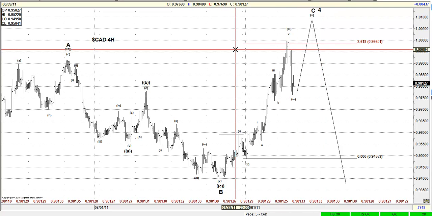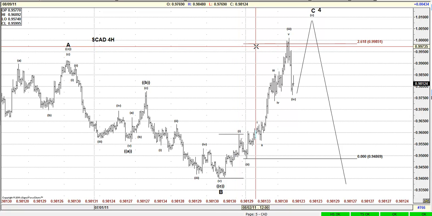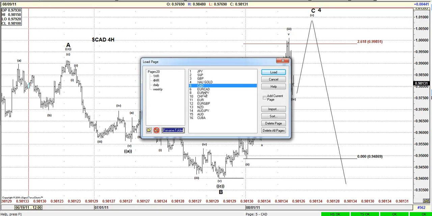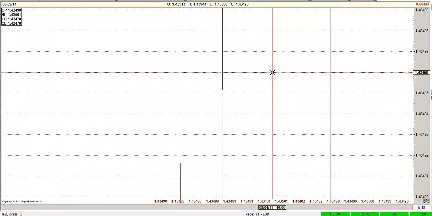And then that's going to take us to the idea of the euro dollar. Let's see how the euro dollar can play out, with all this mess that this market is being this summer.